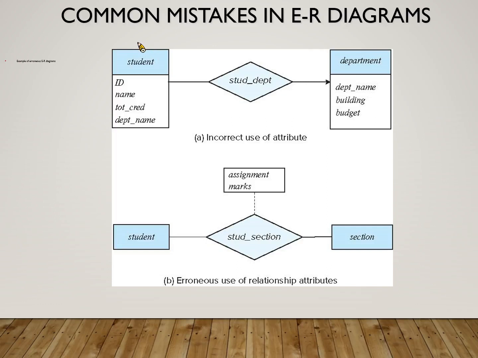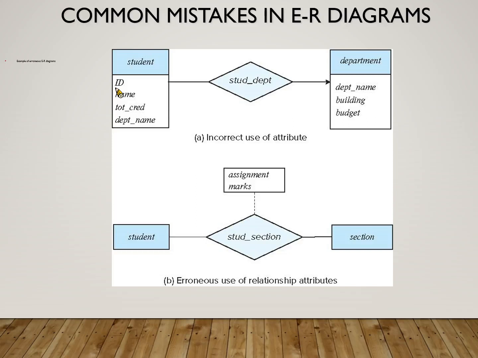First, let's examine some common mistakes that usually occur when we draw ER diagrams. In the first example, it reveals some incorrect use of attributes. The key attribute is absent for each entity set.